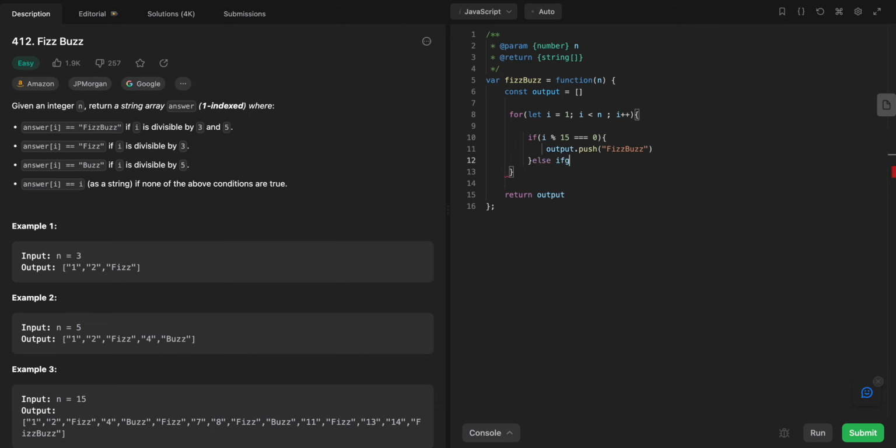Else if i modulo 5 equals 0, the same thing, but it will be Buzz only.